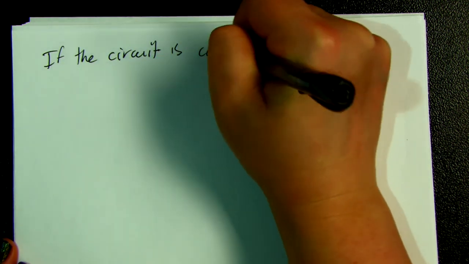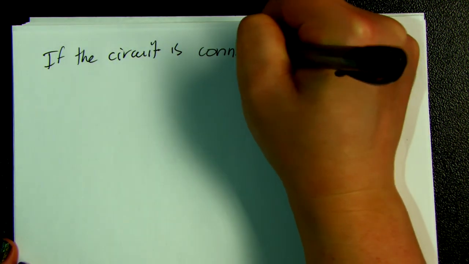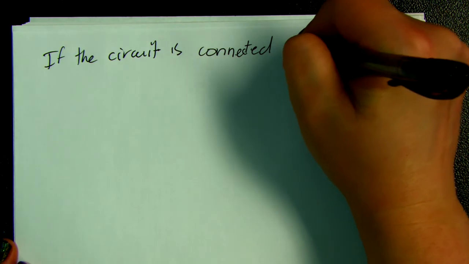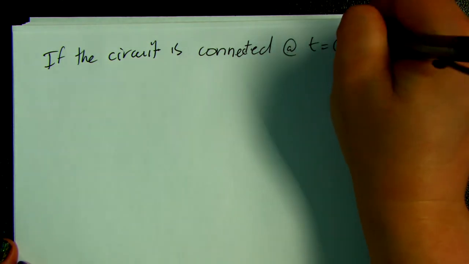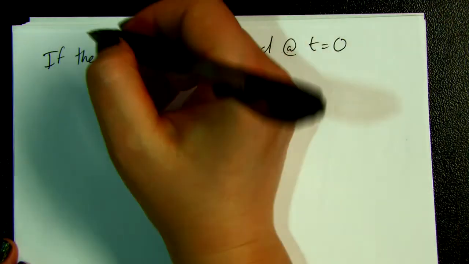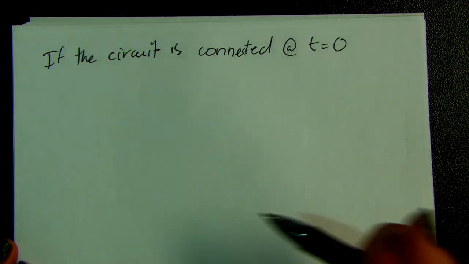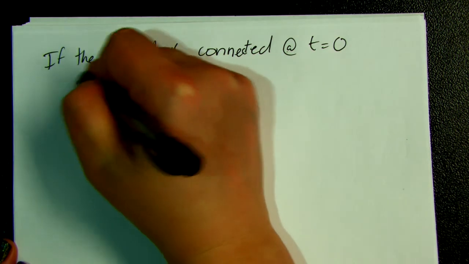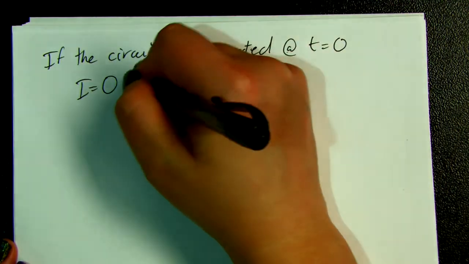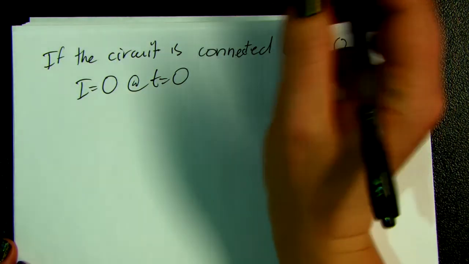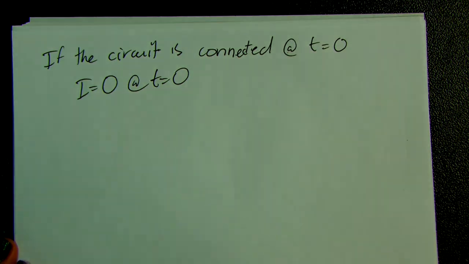So, if the circuit is connected at t equals 0, so we connect it and then we start the timer right when we connect it, I is initially 0 at t equals 0. And remember, I said that the inductor wants to fight the current.